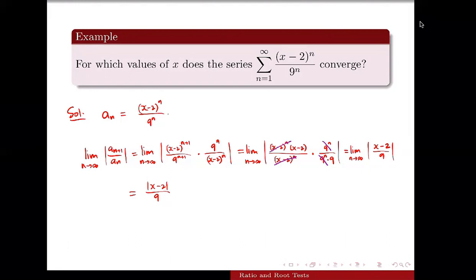What now? You have this limit. You want this series to be convergent, so you want this limit here to be less than 1.